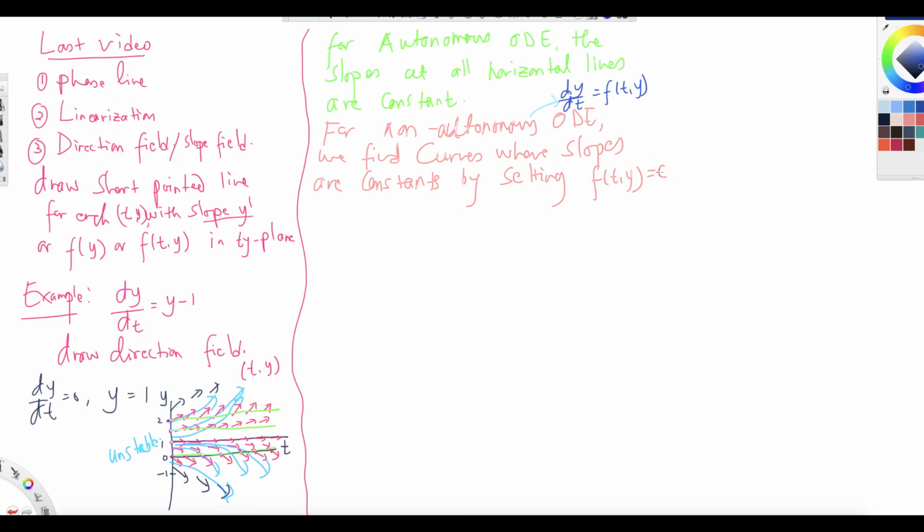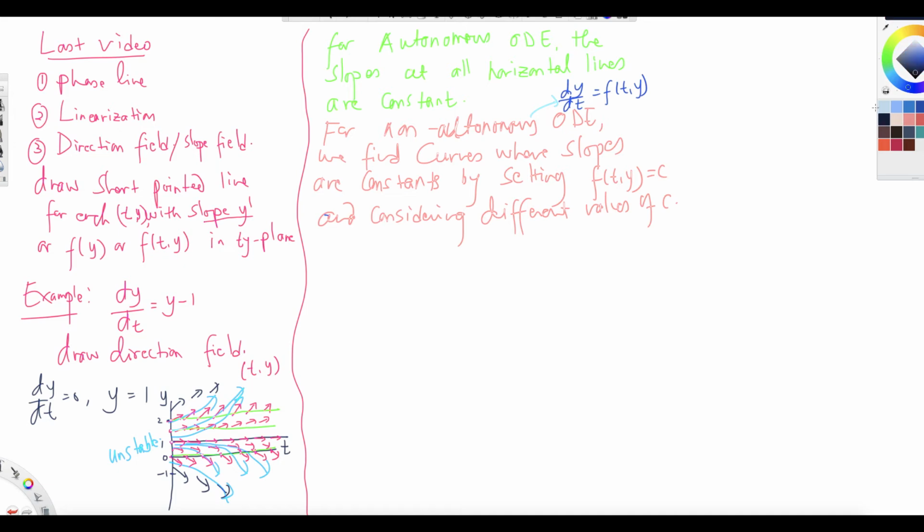We will take different values of c, and those will be the curves where the slope is the same. So we set that equal to c and consider different values of c.